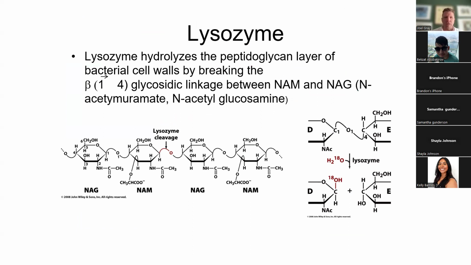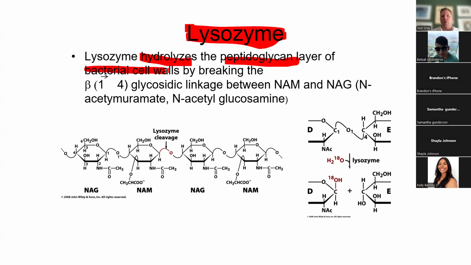What I'd like to do now is talk about an example of covalent catalysis. The enzyme that we're going to use is an enzyme known as lysozyme. Lysozyme hydrolyzes the peptidoglycan layer of bacterial cell walls by breaking the beta-1,4 glycosidic linkage between NAM and NAG. This bond right here is what's broken between them.